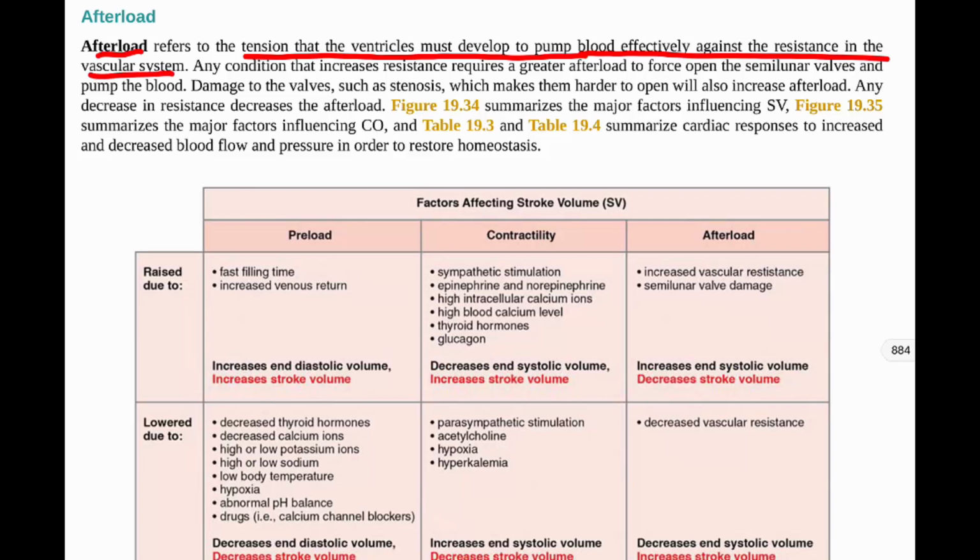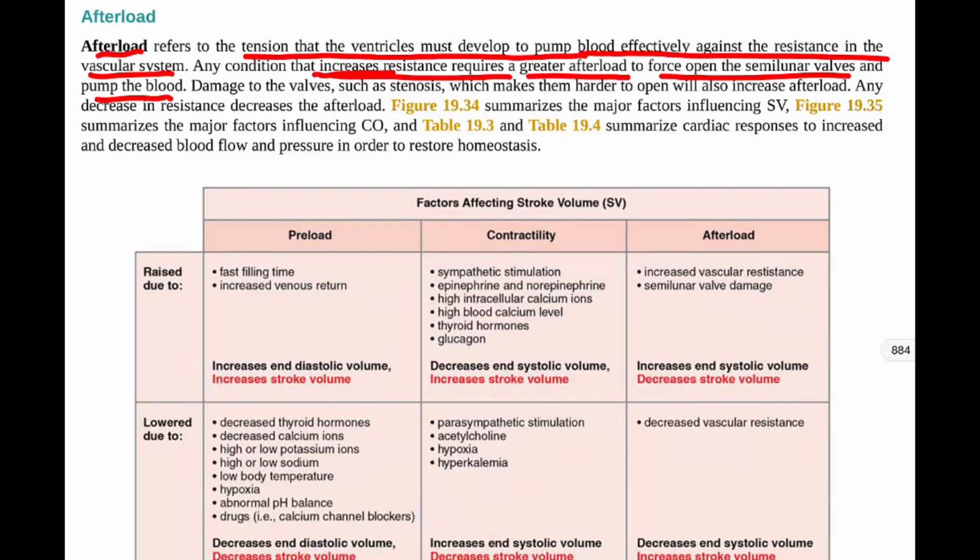Any condition that increases resistance requires a greater afterload to force open the semilunar valves and pump the blood. So if we have a roughening up or atherosclerosis, for example, in our arteries, then we would have a greater afterload, an increase in force to force the blood into the system because of that increased resistance.